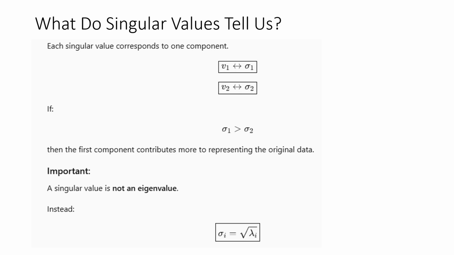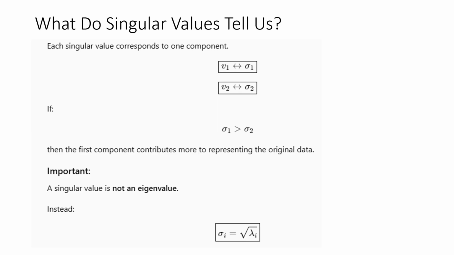The singular value tells us that sigma 1 corresponds to V1 and sigma 2 corresponds to V2. It tells us that the direction of the mathematical component V1 has some larger contribution, or it is the most important direction when compared to V2.